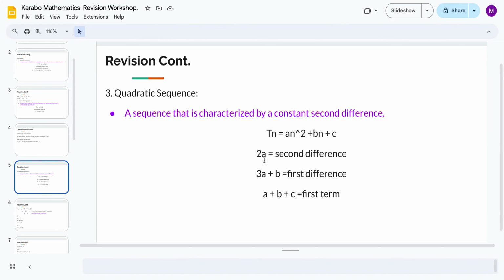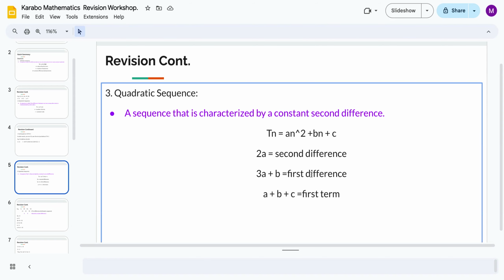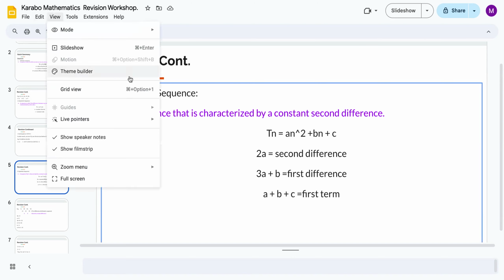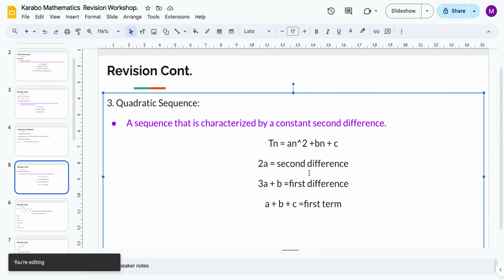Now, I said that to work out my A coefficient, I will say 2A is equal to the first term of the first constant difference. Sorry, these are swapped. Let me edit. 2A first.